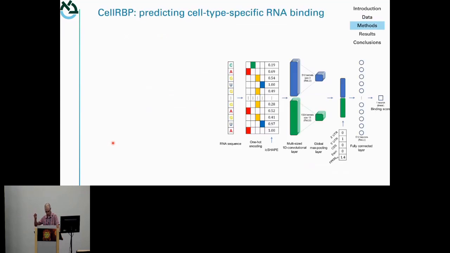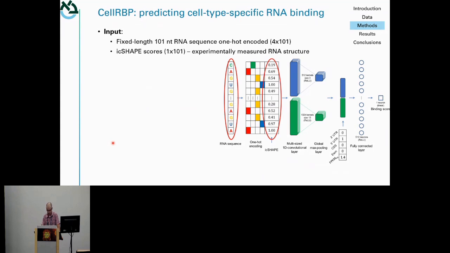So now, to put this all together into one machine learning model, one neural network architecture. This is CellRBP, the model that my student developed, where we use two types of kernels, short kernels and long kernels. The input is going to be the sequence information, which is, as commonly done, one-hot encoded. In addition, we added the icSHAPE score in one dimension, so this is appended to the one-hot matrix.